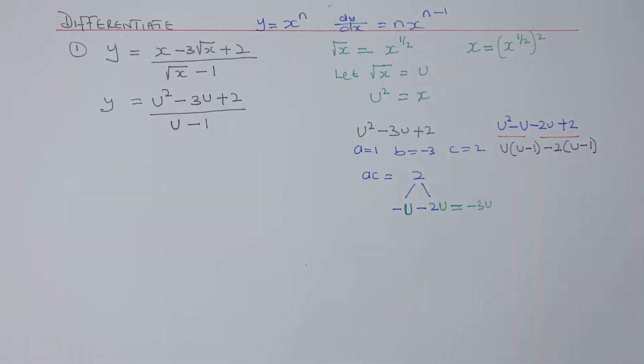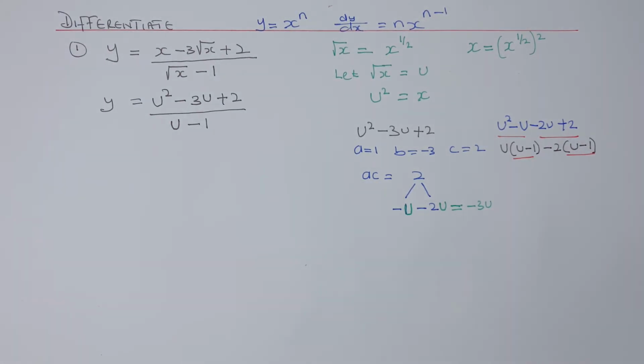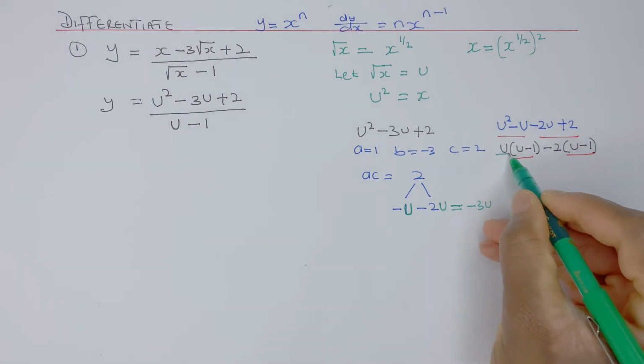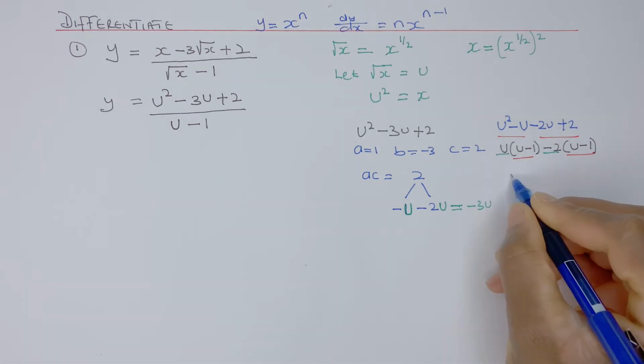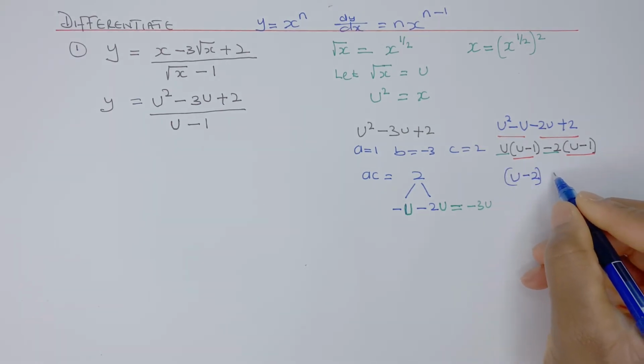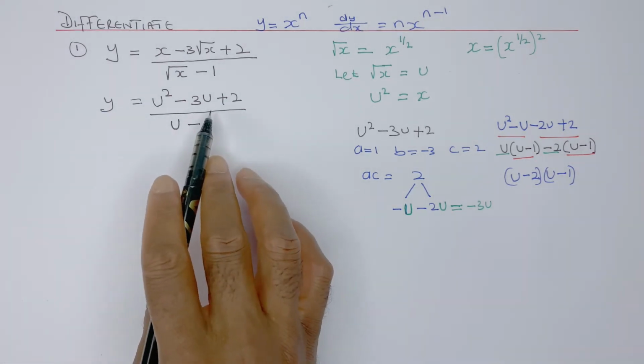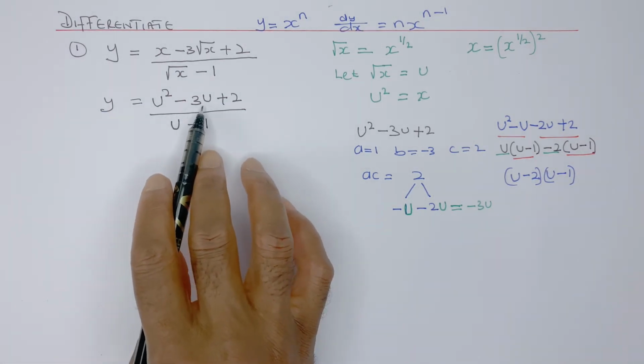So that's correct. Now I've got another common factor here, and what's left is u minus 2 and u minus 1. We could have done it straight away from here. You can see it's minus 2 minus u.